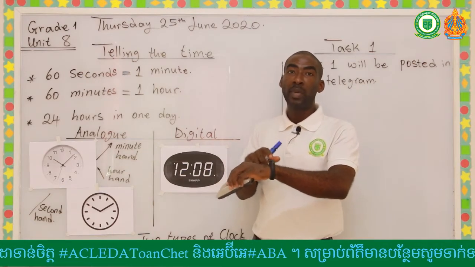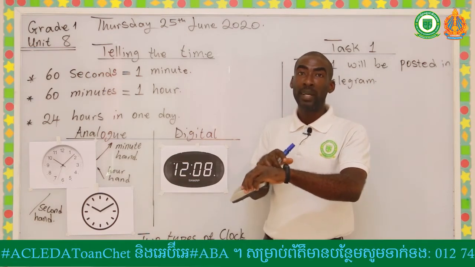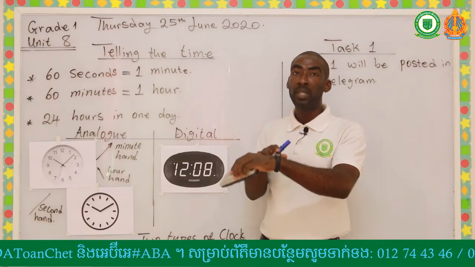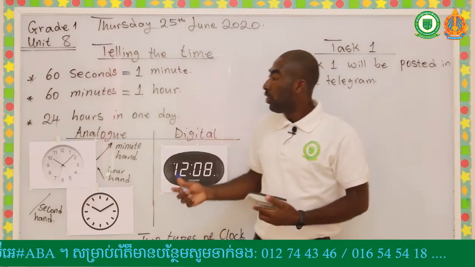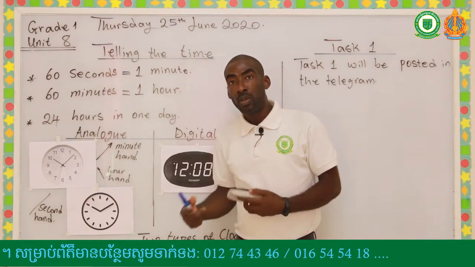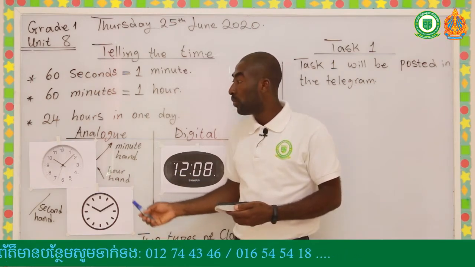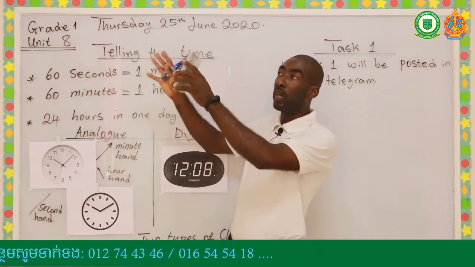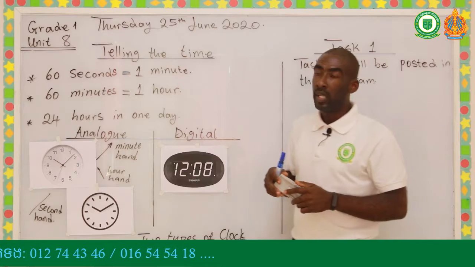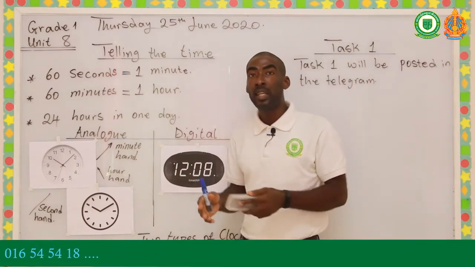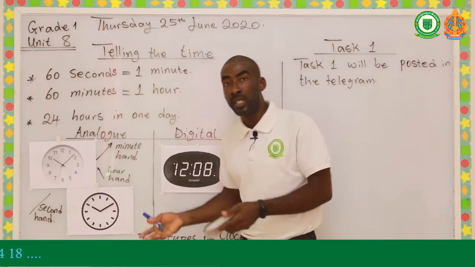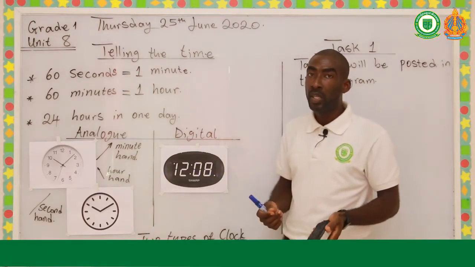I tell my time from my wrist watch. In your homes or at schools or certain places, you see some clock on the wall, and you see some clocks in your cars, and on your computers and mobile phone.